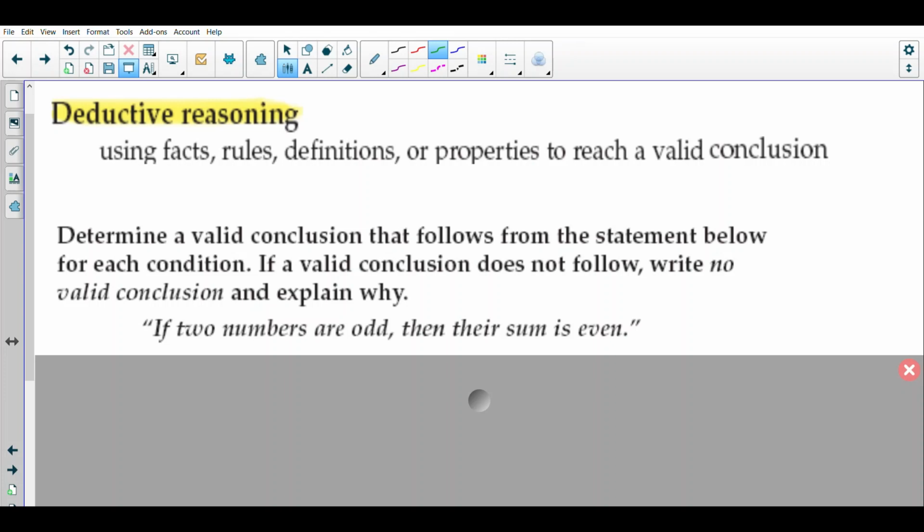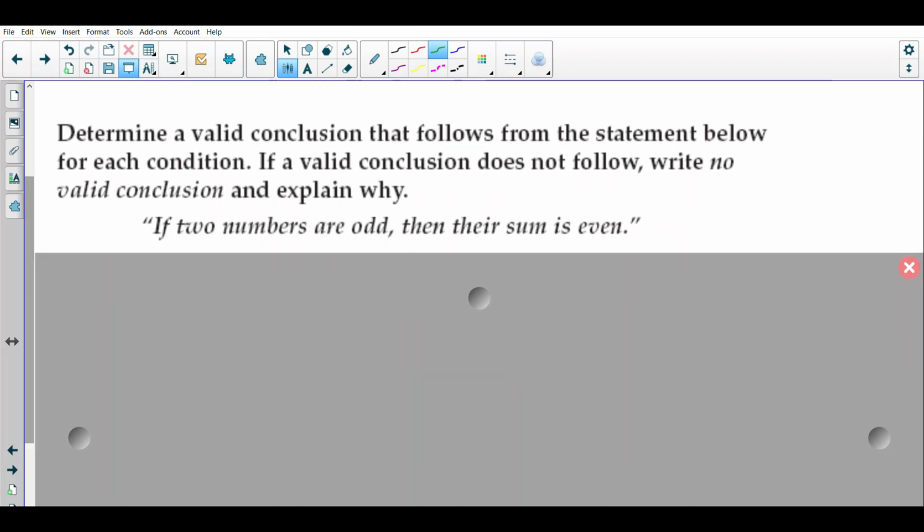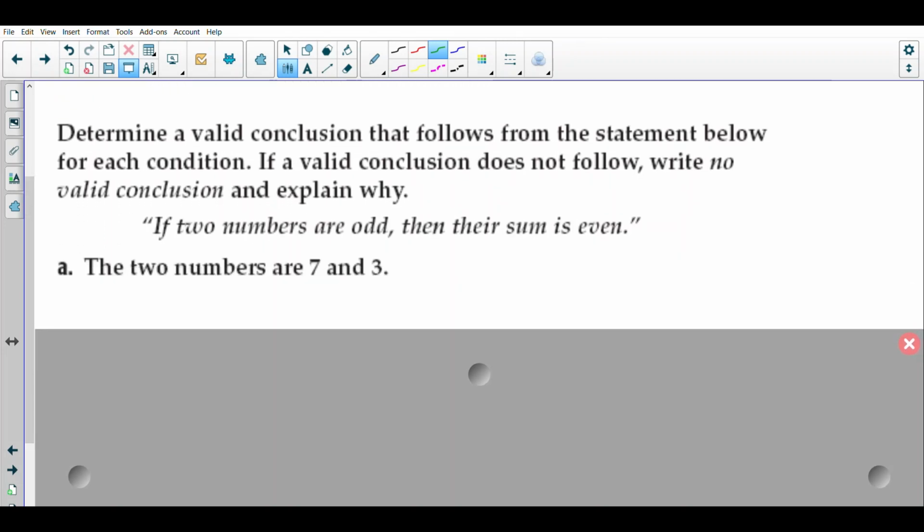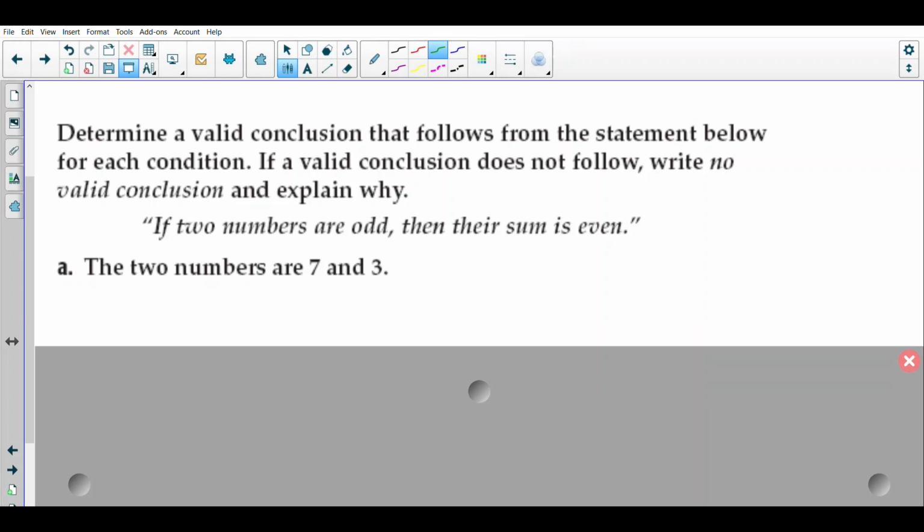Just think about it. 1 plus 3 is 4. 7 plus 4 is 11, or sorry, they're not both odd. 7 plus 3, there we go, is equal to 10. So the sum was always even. Now, the two numbers given are 7 and 3. I just gave this one away by chance. These two numbers are both odd. Can we assume that their sum will be even? Yes, absolutely.